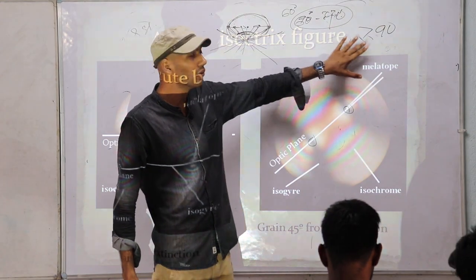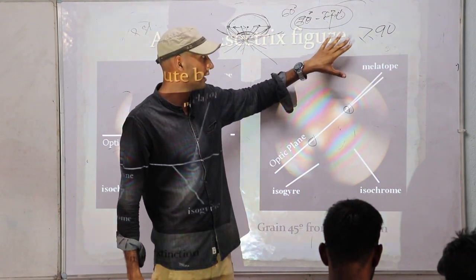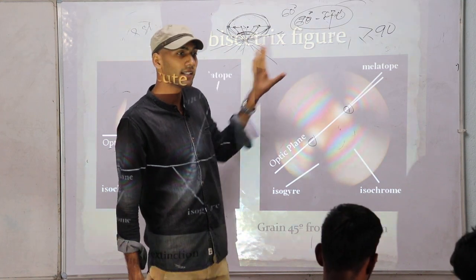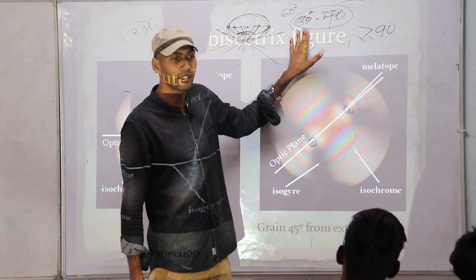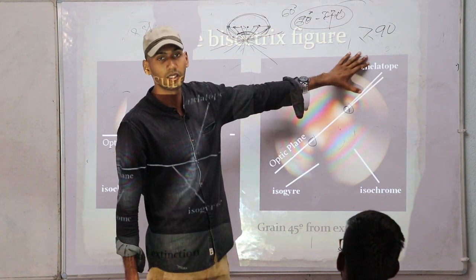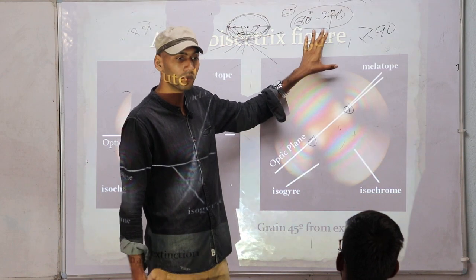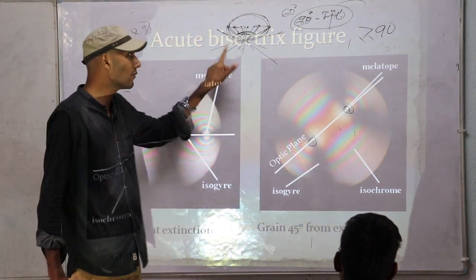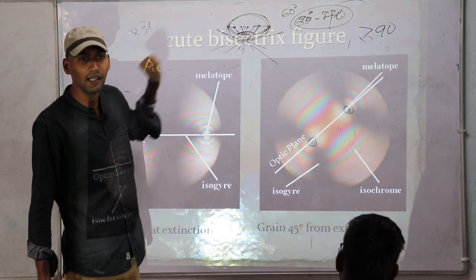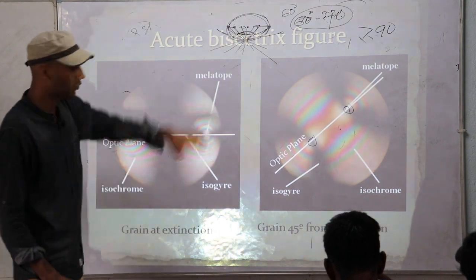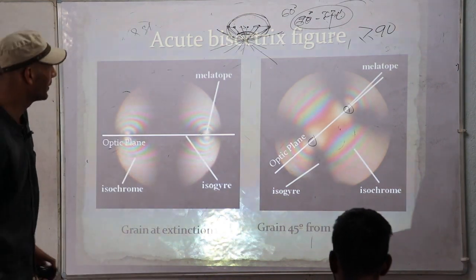The acute bisectrix figure with an angle greater than 60 degrees, or the obtuse bisectrix figure, both of them cannot contain the melatopes. Got your answer? Within 60 degrees only can you watch both of the melatopes in the acute bisectrix figure. More than that, you cannot see the melatopes.